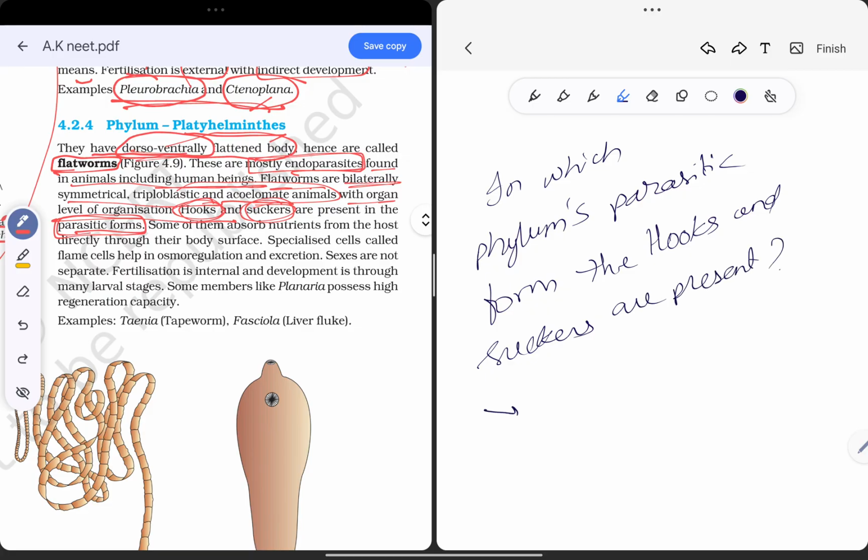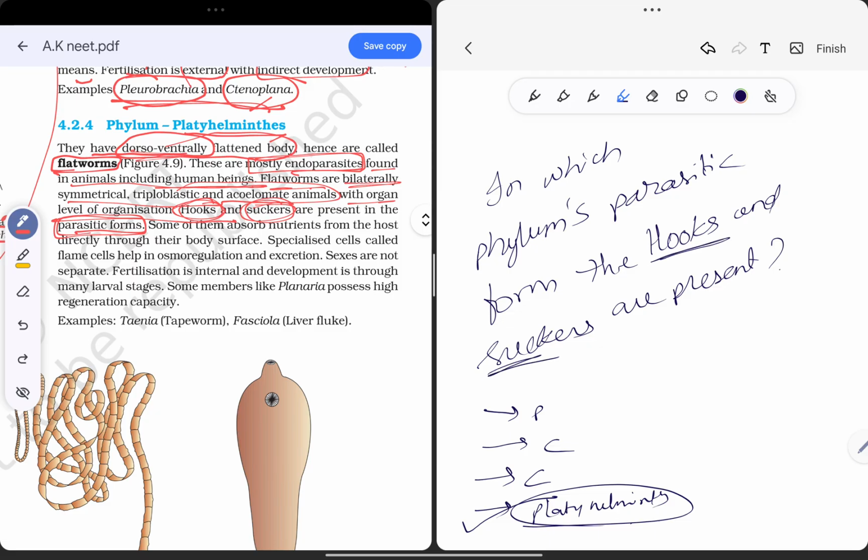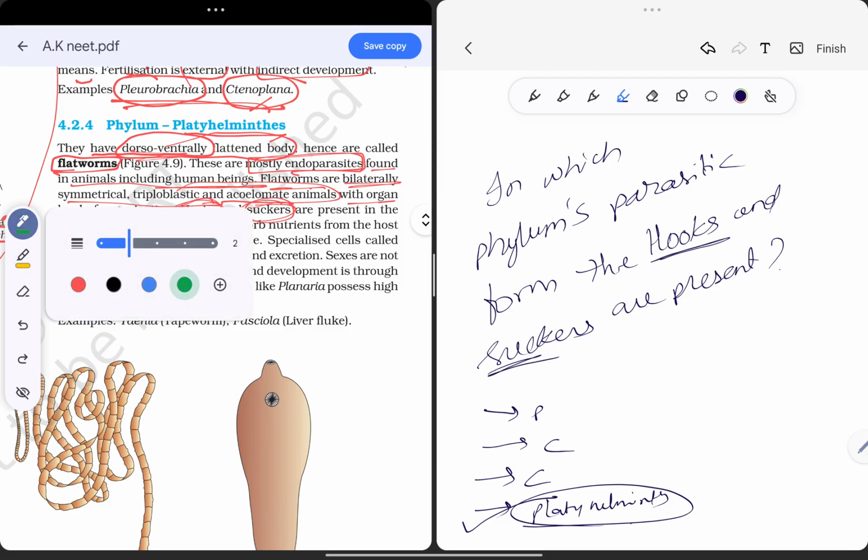They might give you options as Porifera, Coelenterata, Ctenophora, or Platyhelminthes. You should tick Platyhelminthes because it is the one having hooks and suckers in the parasitic form.